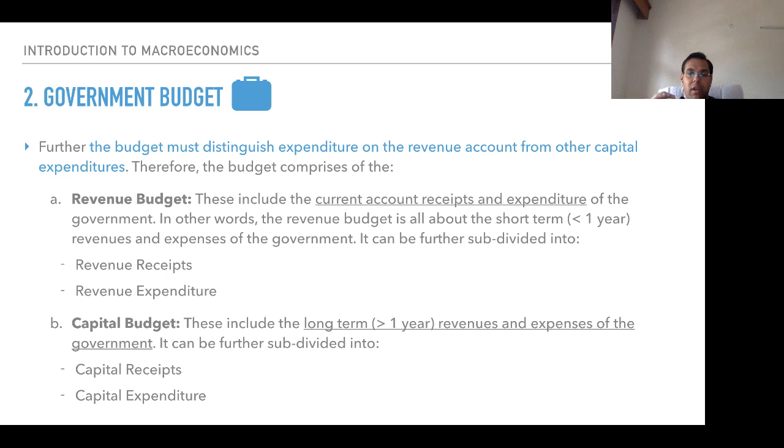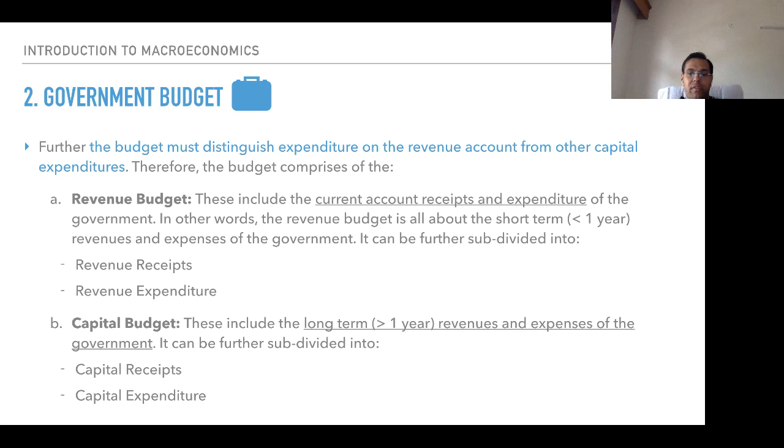What is revenue budget? Revenue budget is where we take into consideration the revenue receipts as well as revenue expenditures. These include the current account receipts and the current account expenditures, which are part of the revenue budget of the government.